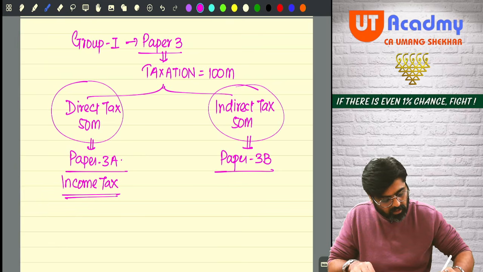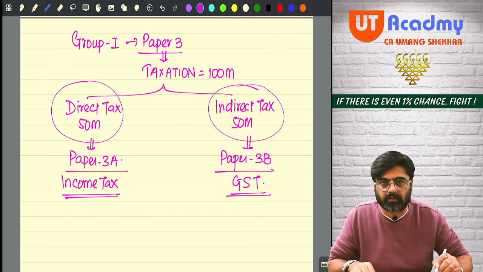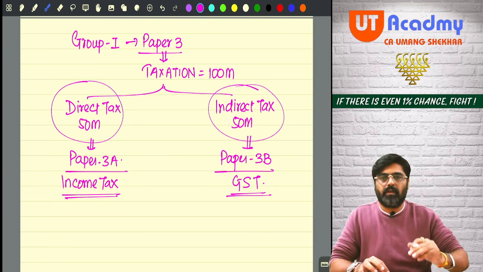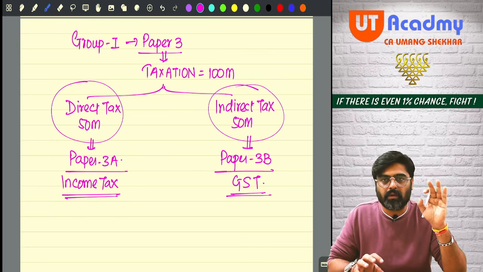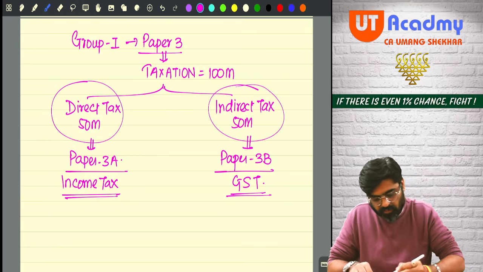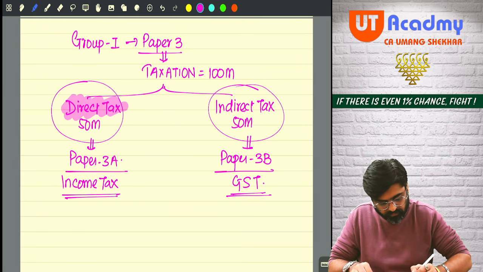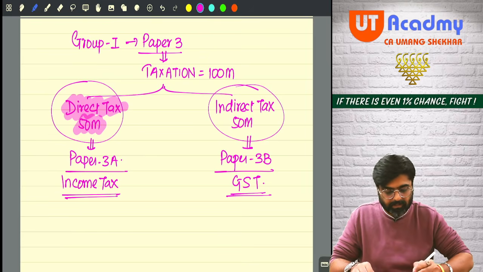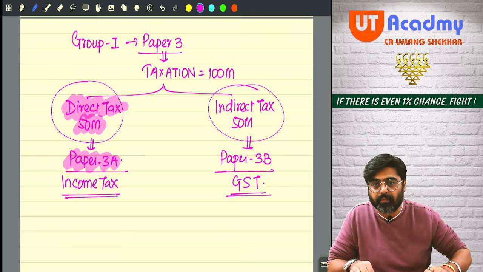And in this, you will be studying only GST, goods and services tax. I don't know whether you have started your studies of GST or not. But we are here for this part, direct tax, paper number 3A, right?